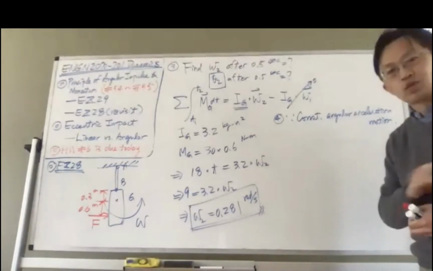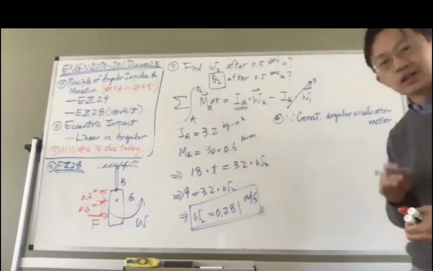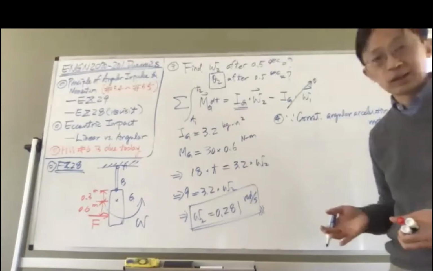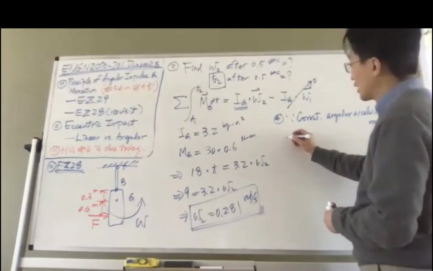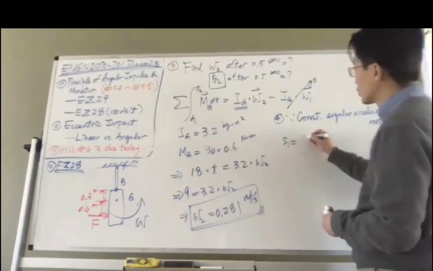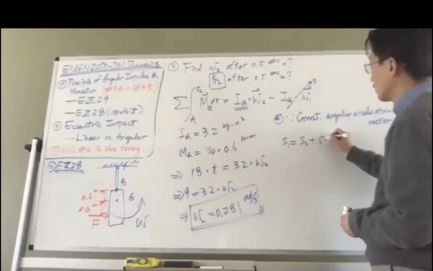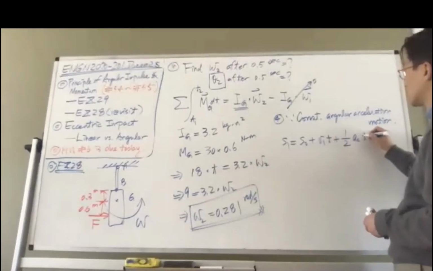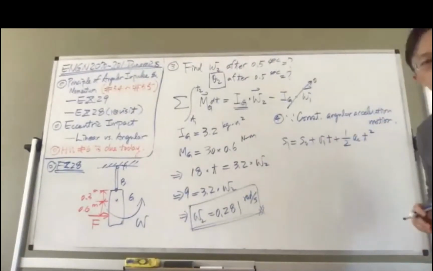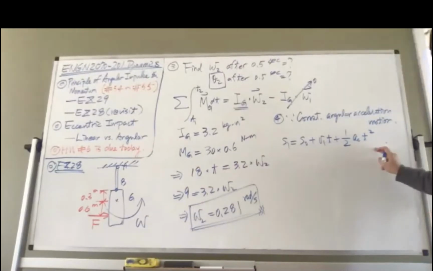And remember what we talked about in constant linear acceleration motion, or sometimes we just call it constant acceleration motion. You remember the formulation, right? S1 equals S0 plus V1 times T plus 1/2 of AC times T squared. Remember? This must be one of your old friends, right?